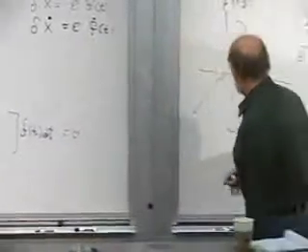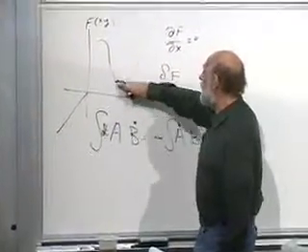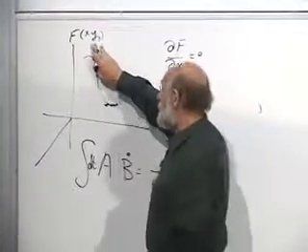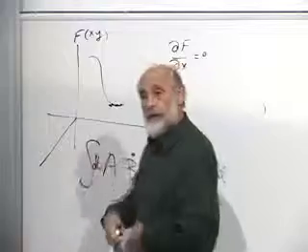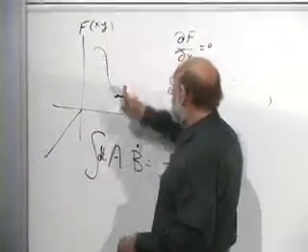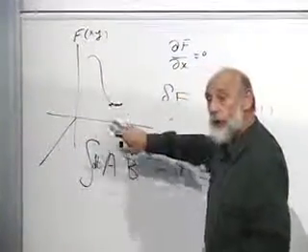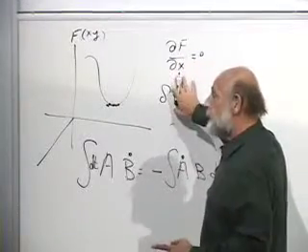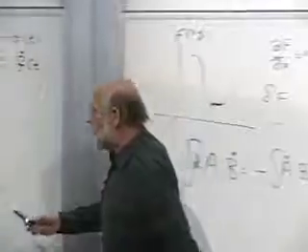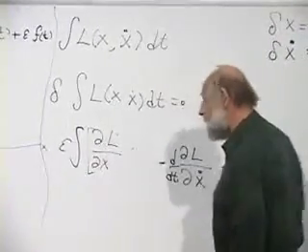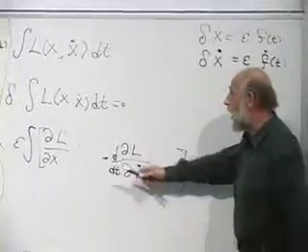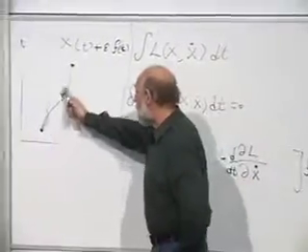This is analogous to testing the function in all possible directions. All possible directions, all possible variations, if you require that f be stationary with respect to all possible variations, it tells you that all of the derivatives equal 0. The analog here is that what's in the bracket must be 0 for all times between here and here.